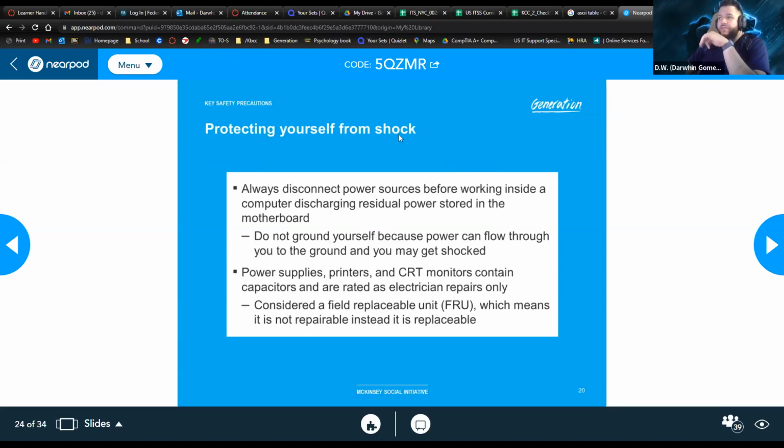The way that we do this is that you turn it off using the power button and you keep it held on for 5 seconds, right, Kelly? Yeah, 5 seconds is good. So you keep your finger on the button for 5 seconds after it's turned off, and then that'll dissipate all that residual power that's on there, right? And you have to do this before you open up a case to work inside of it.